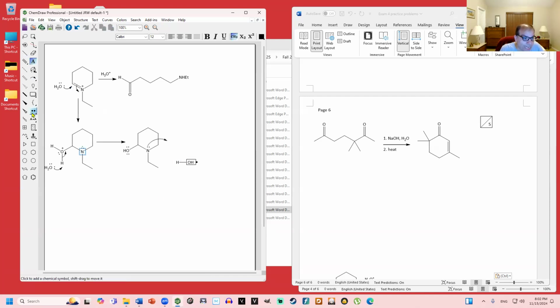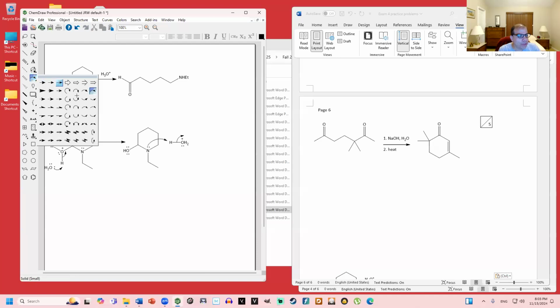I'm still seeing exams where people are drawing hydronium ions wrong. And the structure of H3O plus, I would hope, would be something that we would know by now. There's your hydronium ion. We're using it to protonate that nitrogen.